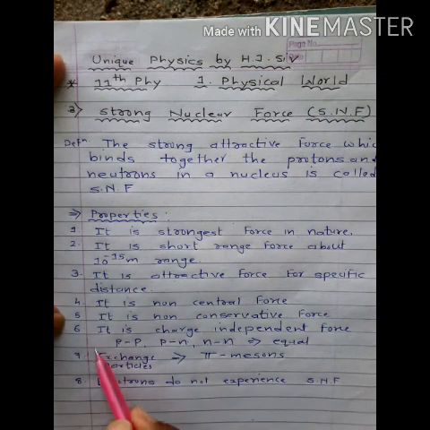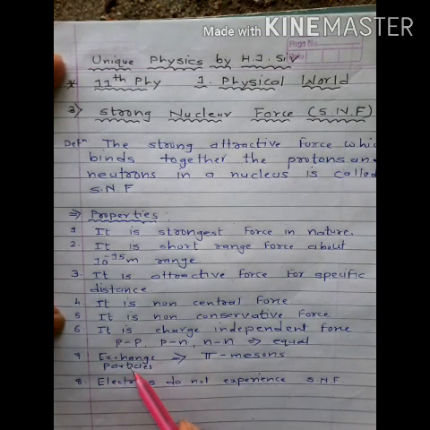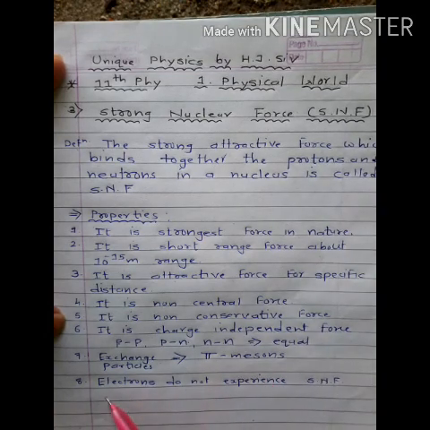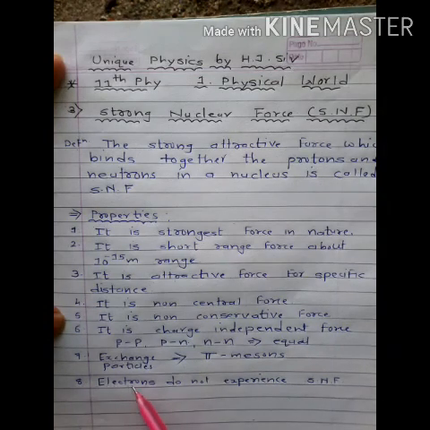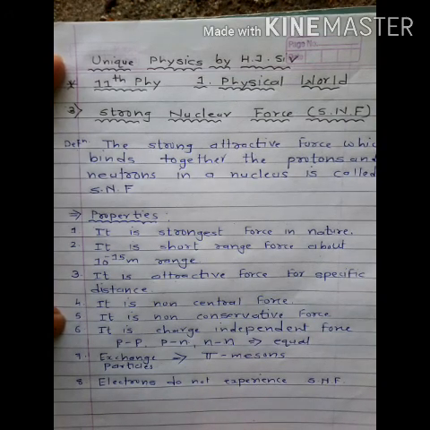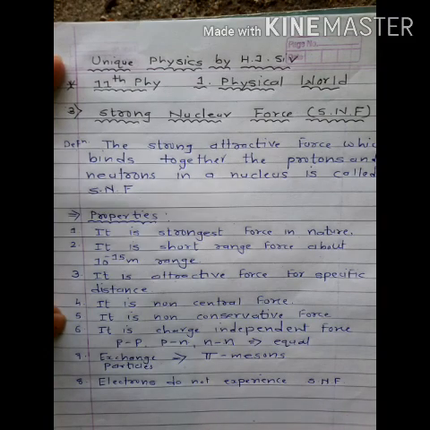Seventh property, the exchange particles for strong nuclear force are pi mesons. And property number 8, electrons do not experience strong nuclear force because the electron lies outside the nucleus. So electrons do not experience strong nuclear force.